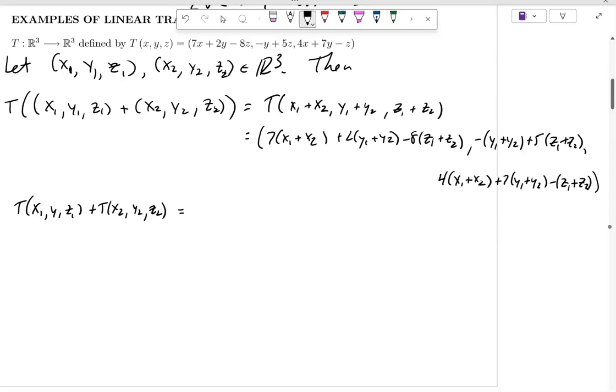So this one will be 7x1 plus 2y1 minus 8z1, negative y1 plus 5z1, 4x1 plus 7y1 minus z1, and then literally the exact same thing except with subscripts of 2's.